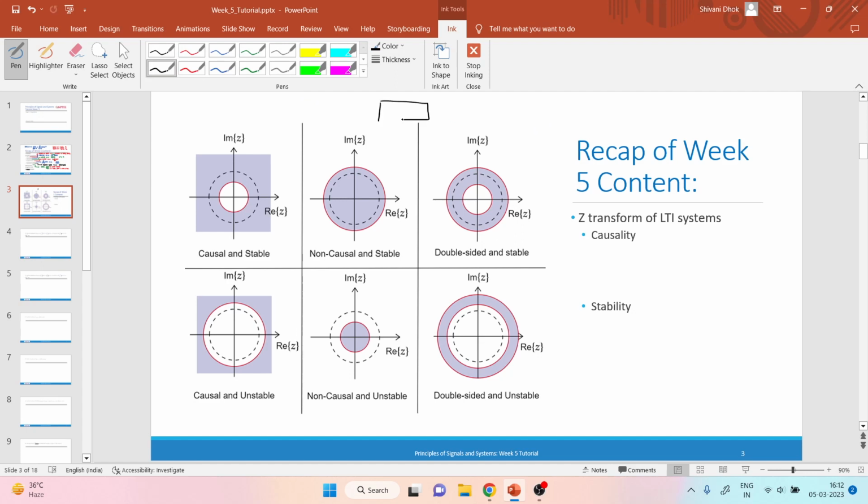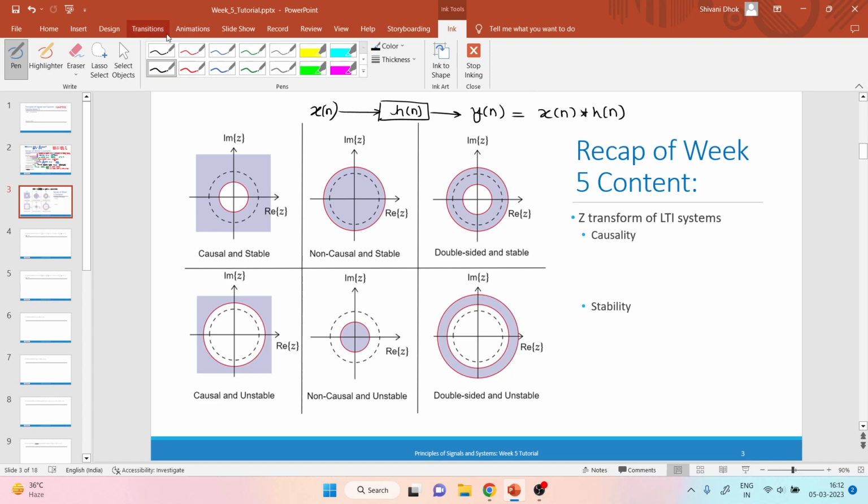So we know that if I have an LTI system with impulse response h of n, and my output is y of n for an input x of n, then this y of n is simply the convolution of x of n and h of n.